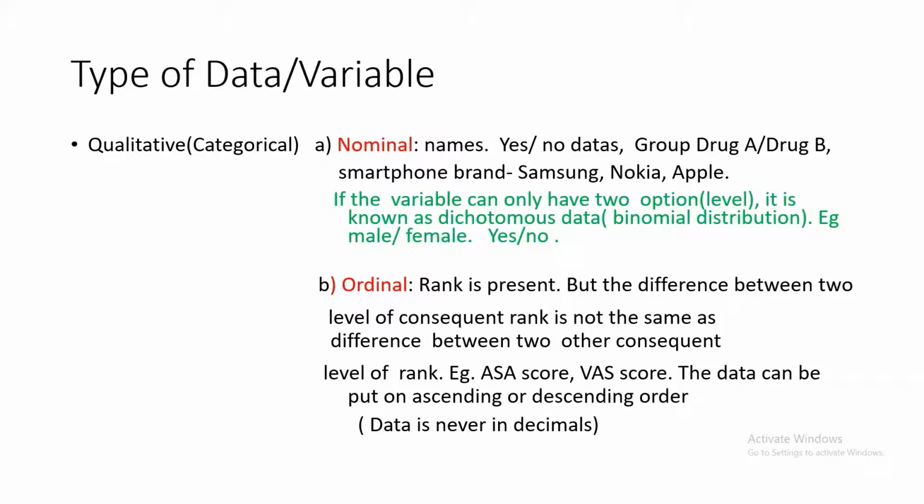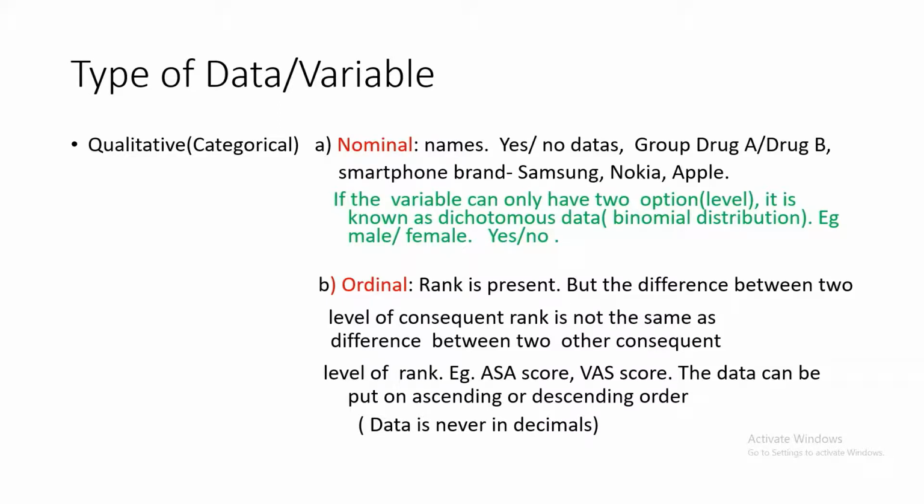So there is a rank present. But what is the difference with continuous data? In continuous data, the difference between two consecutive levels is the same. When we take weight as continuous data, the difference between 15 kg and 10 kg is the same as the difference between 20 kg and 15 kg, that is 5 kg.